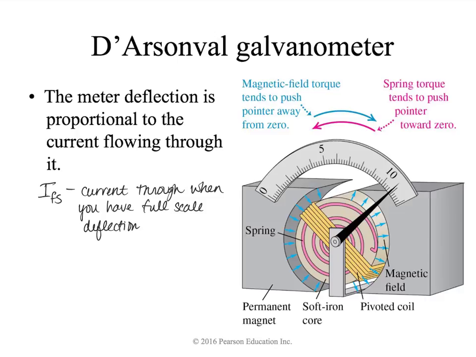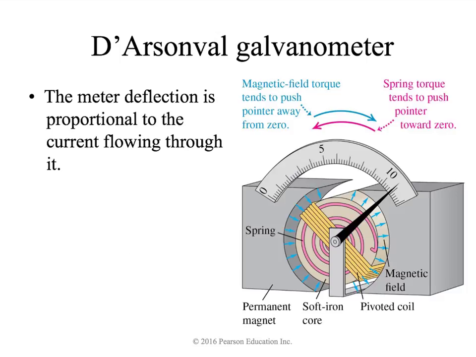Now, something that's useful for us to know is of course the coil is going to have some resistance, and we'll call this R sub C. And then if we are measuring the full-scale deflection, the current that goes through it is usually pretty small.